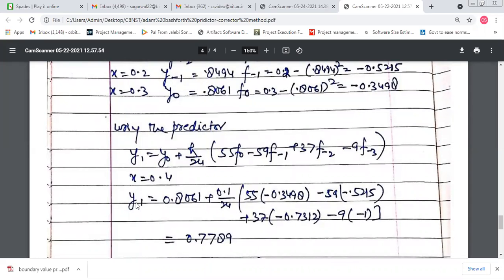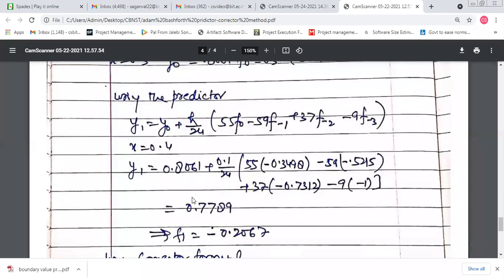And this value of y is the value corresponding to x equal to 0.4. So once we get x is 0.4 and y is equal to 0.7789, then we will be able to calculate the value of f1, putting the values into the expression as x is equal to 0.4 and y is equal to 0.7789.